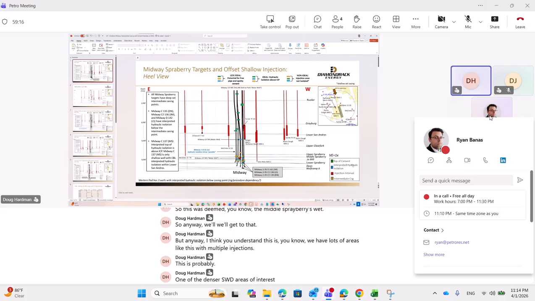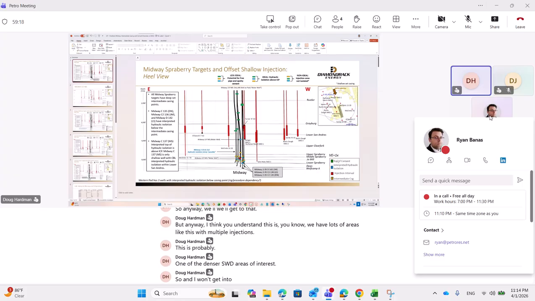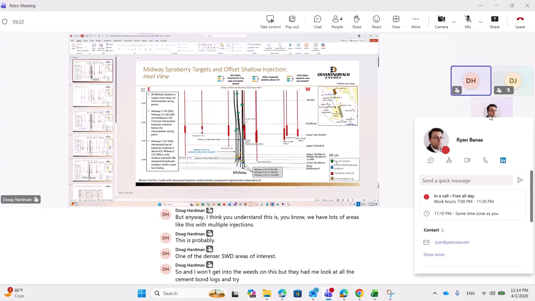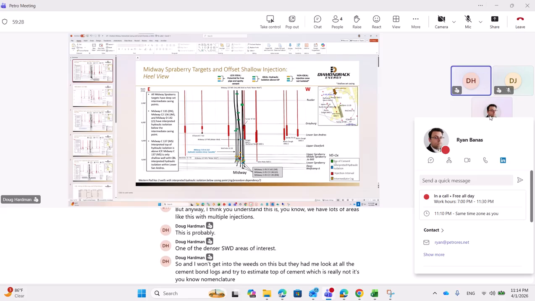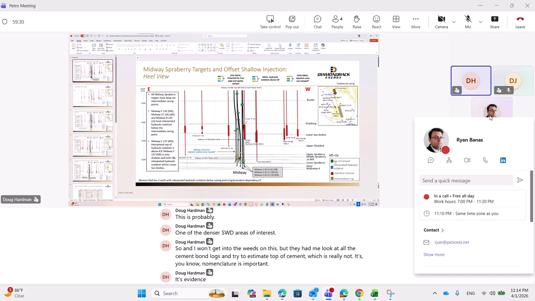I won't get into the weeds on this, but they had me look at all the cement bond logs and try to estimate top of cement, which is really not right, because nomenclature is important. It's evidence of cement.